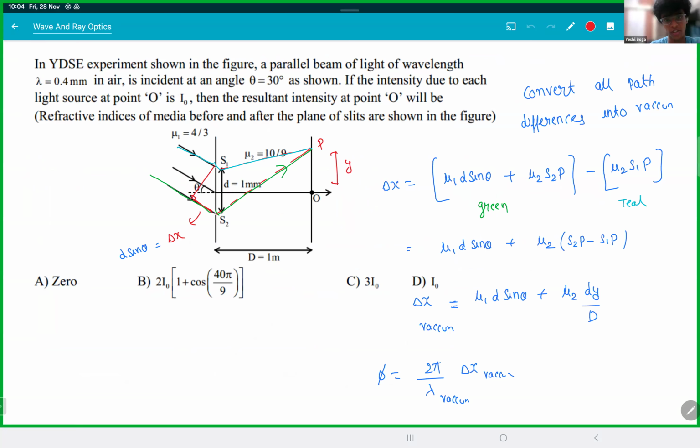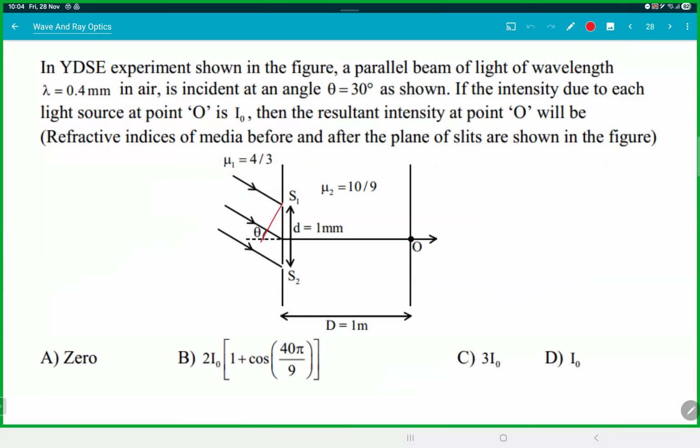Yeah, this is the mu1. Because this outside medium is 4/3, right? The outside medium is not vacuum. But they have not specified the thickness of that medium. We don't know the thickness of that medium, right? So why are we considering it? We don't care, right? See, till here these distances are equal, right?